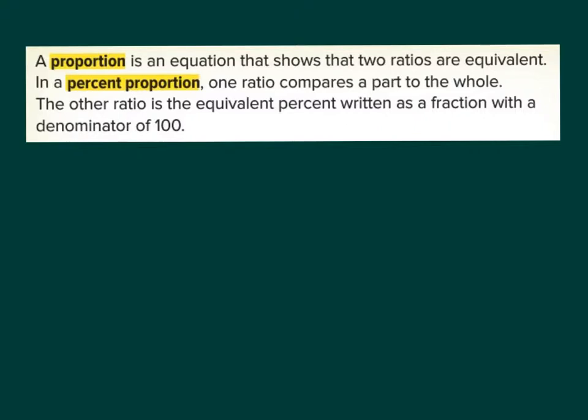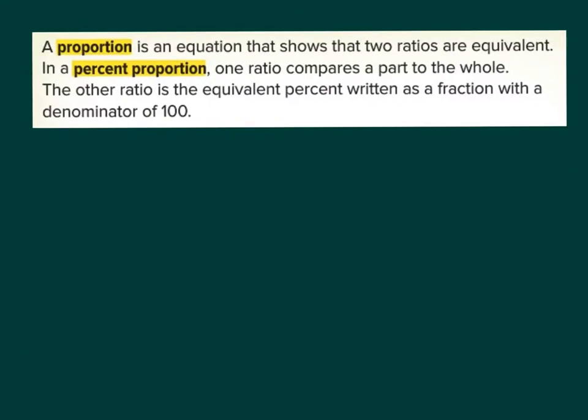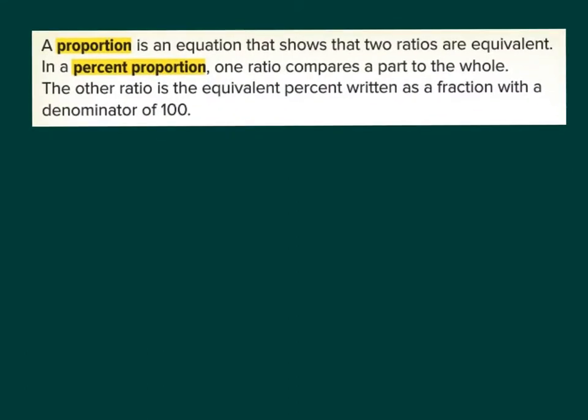So for example, if we look at 10% of 40. We know that 10% becomes 10 over 100. And instead of doing 10% of and changing of to a multiplication sign, we can make it an equal sign.